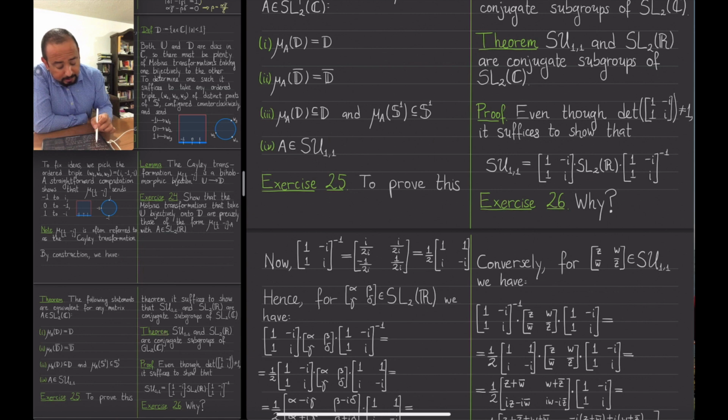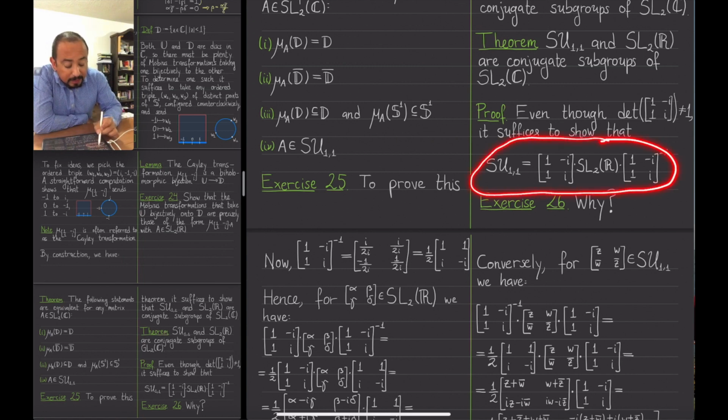And what am I going to do? Well, I already know a matrix that at least partially does the job, because it takes U bijectively onto D. So that's what I'm going to show: that conjugation by the Cayley matrix conjugates both groups.